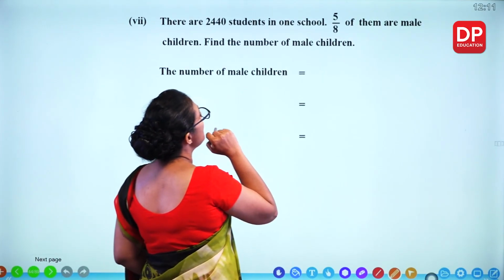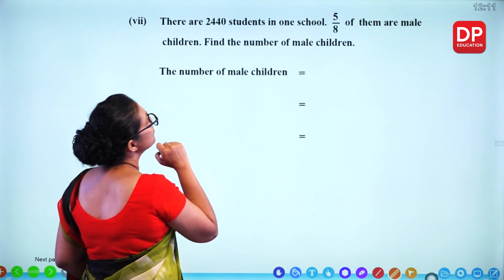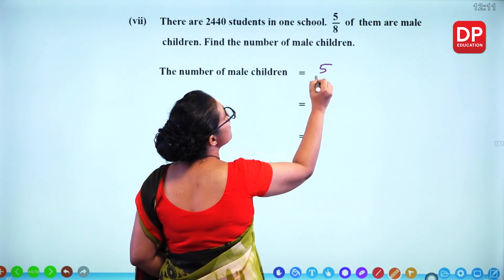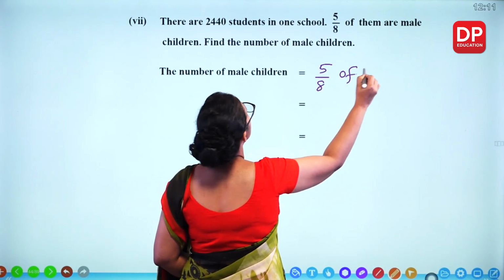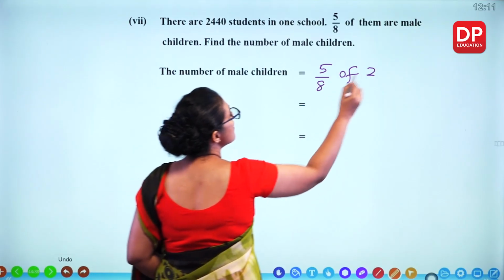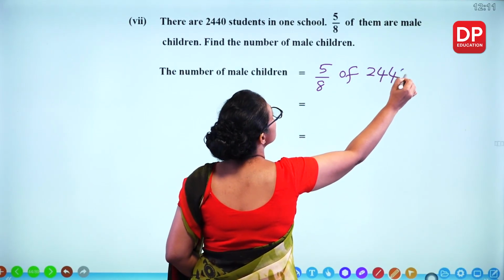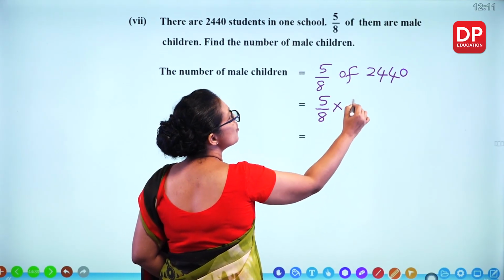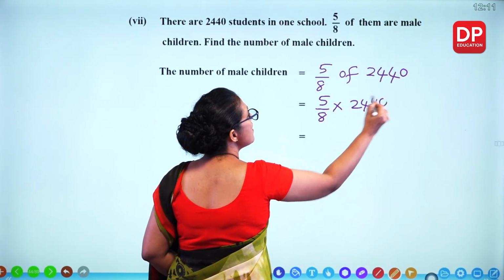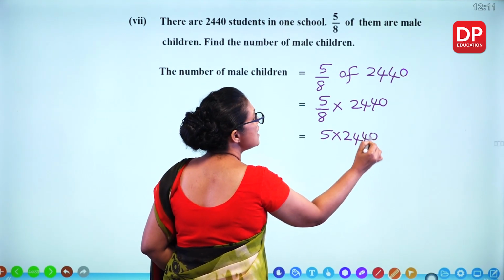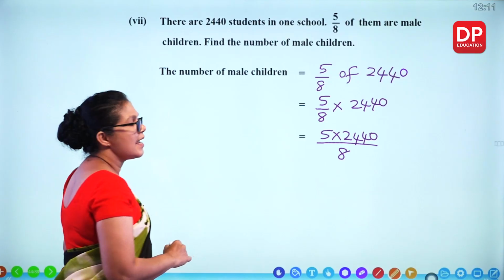So how many male children are there? 5/8 of 2,440. So 5/8 into 2,440. So 5 times 2,440 divided by 8.